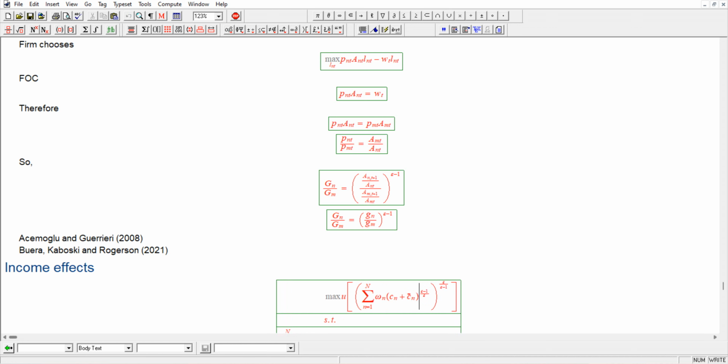So these are known as Stone-Geary preferences. And so, for example, if we think that N is food, we set C bar sub food to be some negative number. It means that consumption below some value doesn't actually give you any utility.